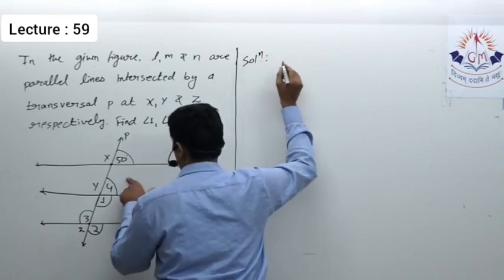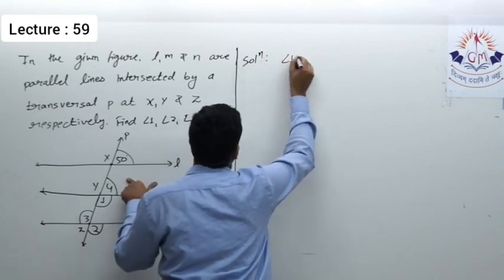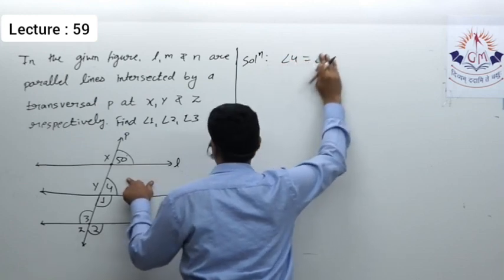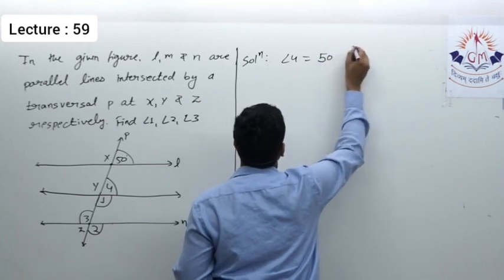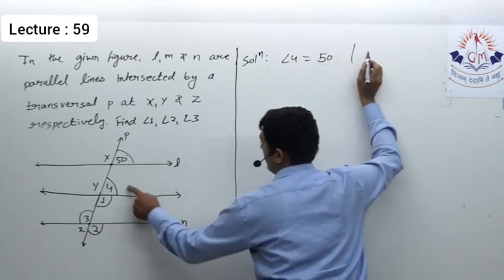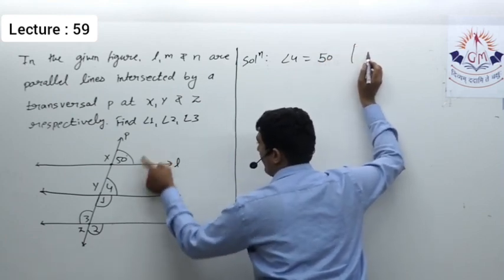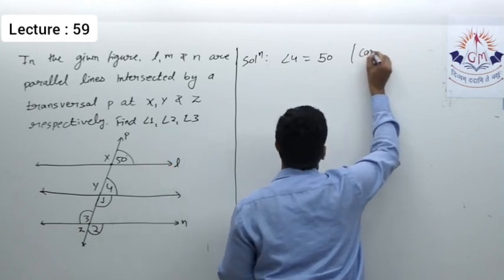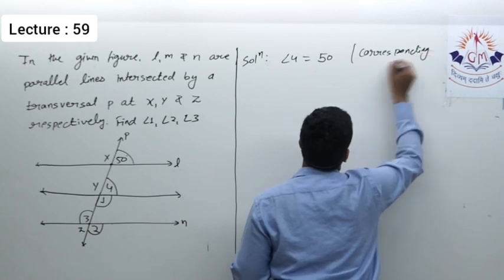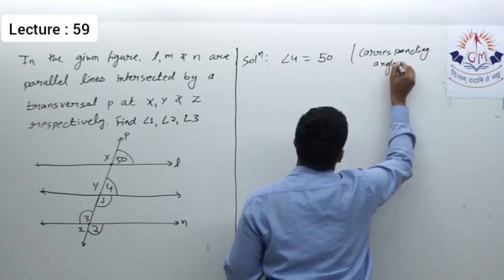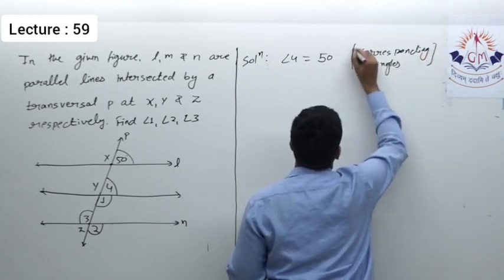Here angle 4 is equal to 50. I am writing directly. What is the reason behind this? Why 4 equal to 50? Corresponding angles. They are corresponding angles, so they are equal.